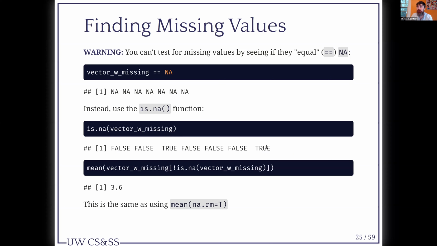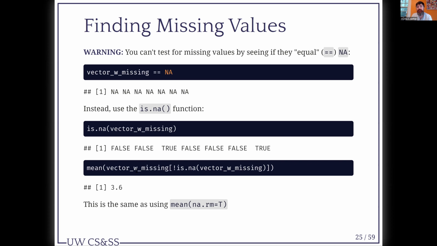Now, I can show you how NA.rm equals TRUE actually works in the mean function. What it's actually doing is taking vector W missing and then subsetting it to the values that are not missing. So it takes is.na of vector W missing, which would produce FALSE, FALSE, TRUE, FALSE, FALSE, FALSE, and TRUE, puts an exclamation point in front of it, which changes it to TRUE, TRUE, FALSE, TRUE, TRUE, TRUE, FALSE.